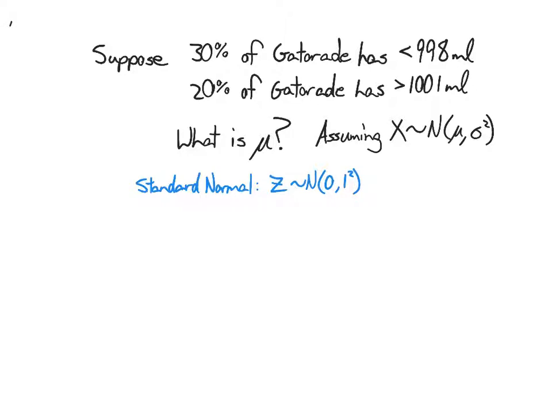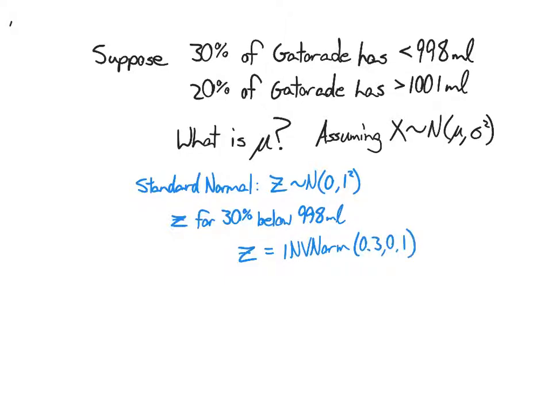I want to find the Z for that 30% that is below 998 milliliters. That Z is going to equal the inverse norm with a 0.3, a 0, and a 1.